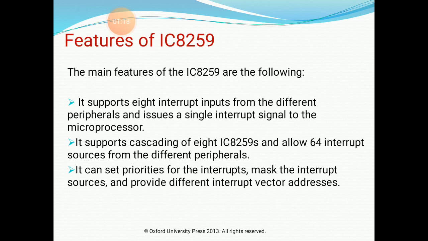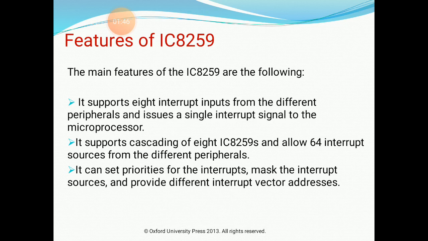The main features of IC8259 are given below. The IC supports 8 interrupts from different peripherals and issues a single interrupt signal to the microprocessor. It supports cascading of 8 ICs and allows a maximum of 64 interrupts from different peripherals.